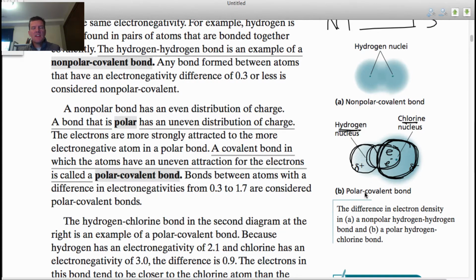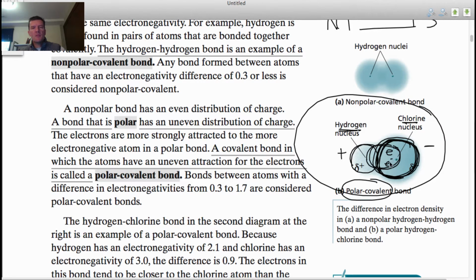So if there's, let's call it, an unequal sharing, we're going to call that polar covalent, because that means electrons are going to spend more time on one side, giving this side of the compound kind of a negative charge, and this side of the compound a bit of a positive charge. Overall, the compound may be neutral, but one side of it has more electrons, the other side of it has fewer electrons, and so we say it's polar covalent.